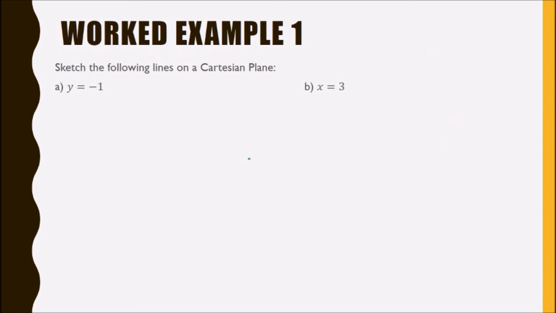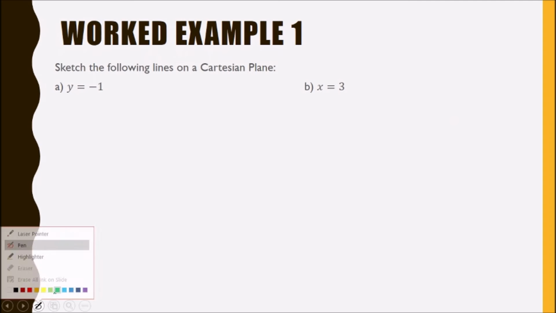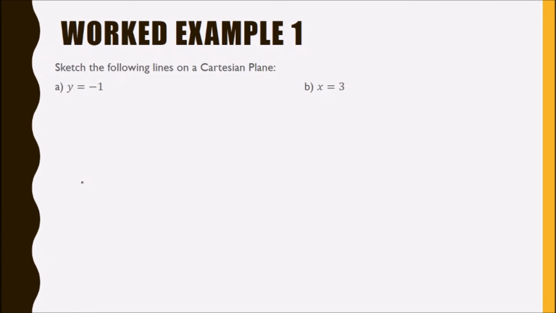We're going to quickly sketch these. When it says y equals -1, the first thing you need to do is draw your Cartesian plane. Obviously straight, because I don't have a ruler. You draw your Cartesian plane, you put your x and your y, and then you draw your numbers in, so 1, 2, 3, 4, 1, 2, 3, 4, 5.